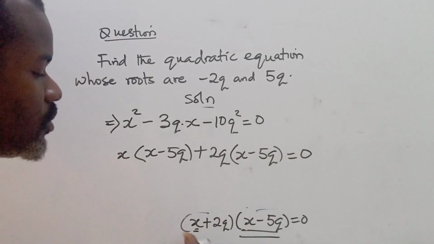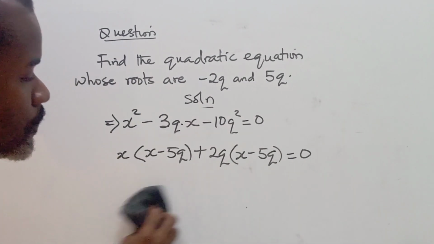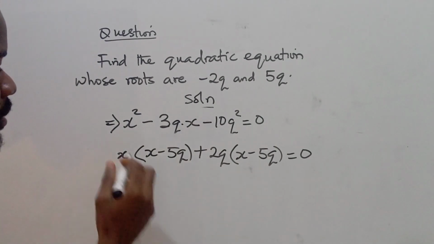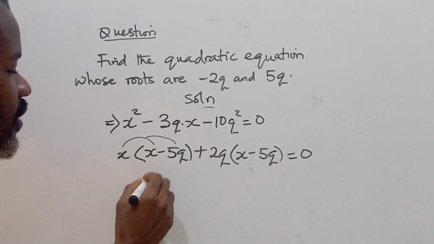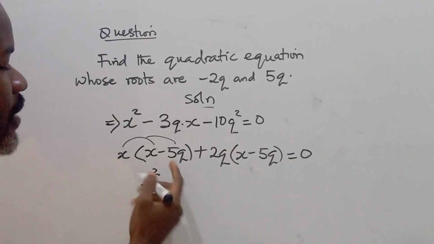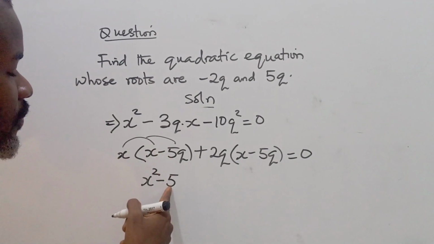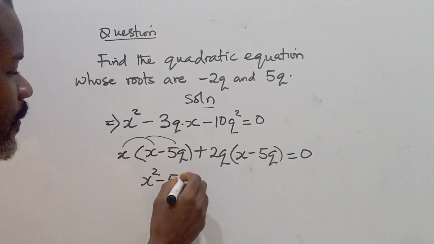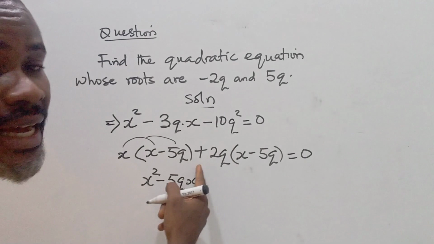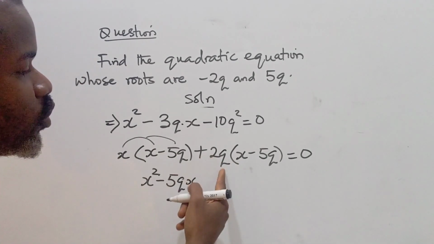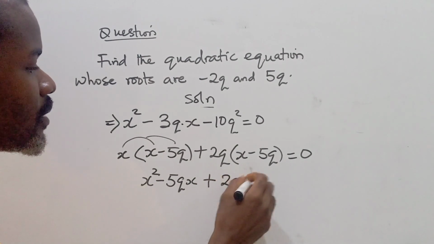So x times x gives x squared. x times minus 5q gives minus 5qx. Now plus 2q times x gives plus 2qx.